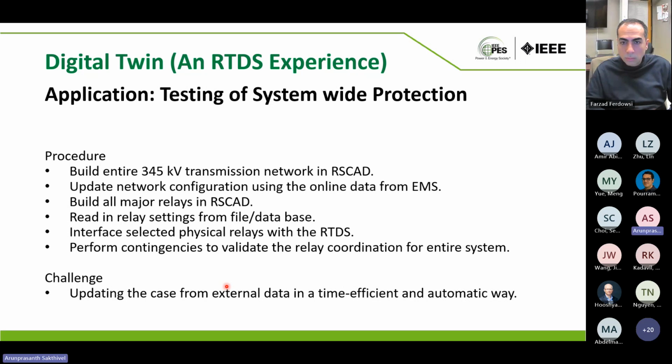Some of the relays were interfaced with the RTDS simulator in hardware in the loop. Using this model, we performed contingencies to validate the relay coordination of the entire system. So the actual challenge was to update the case using external data in a time-efficient and automated manner.